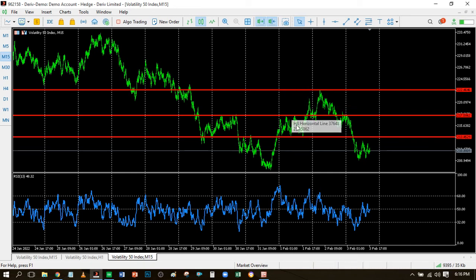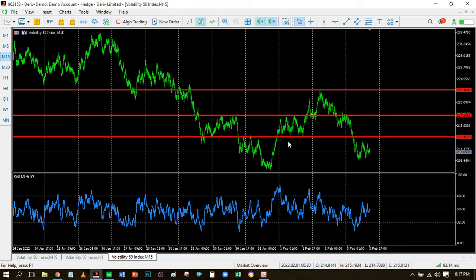Like for instance, the price broke here to the top and retested here. I could have actually made this my target, because you can see the moment it touched here, price started dropping. I also want you to know that these levels I marked out for you are very strong levels of support and resistance.